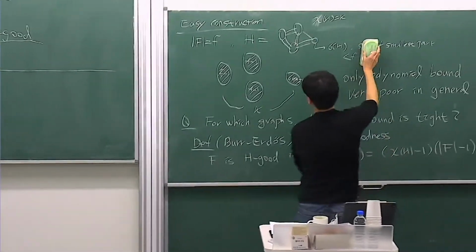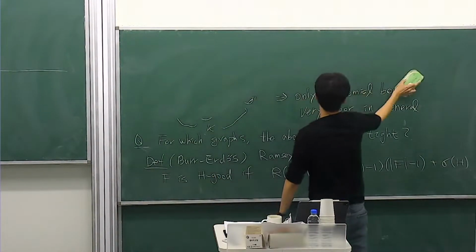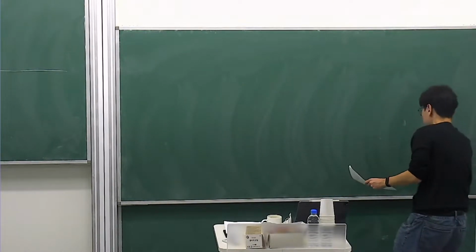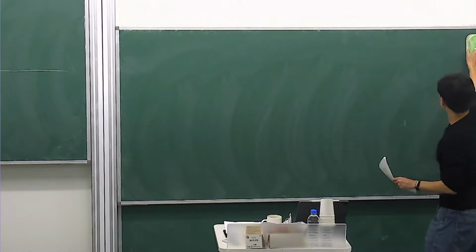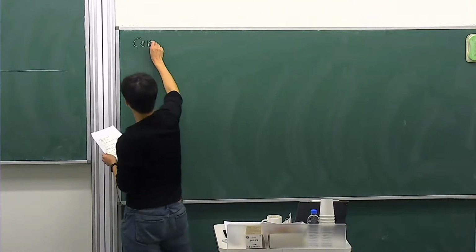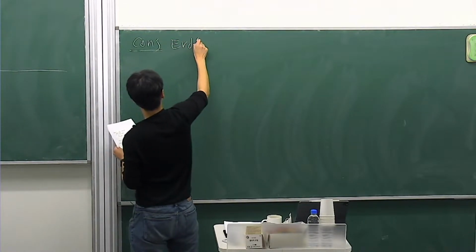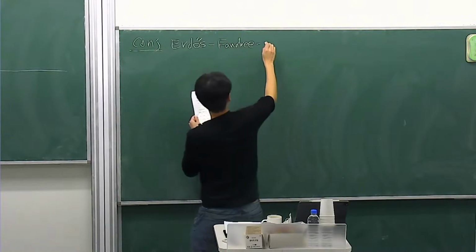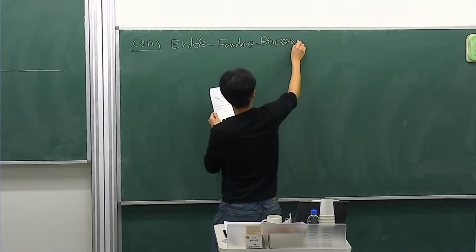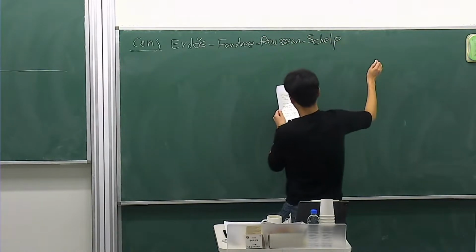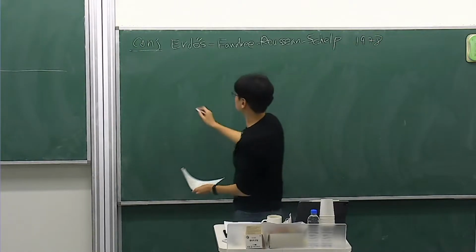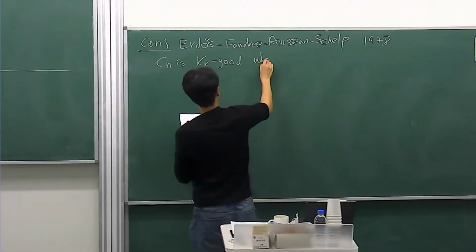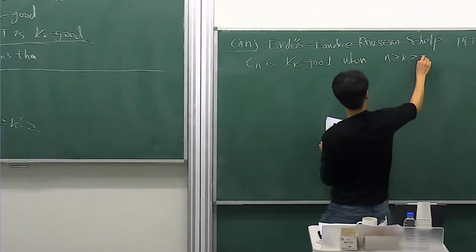And Erdős, Faudree, Rousseau and Schelp conjectured that C_n is K_K good when n is at least K and K is at least 3.